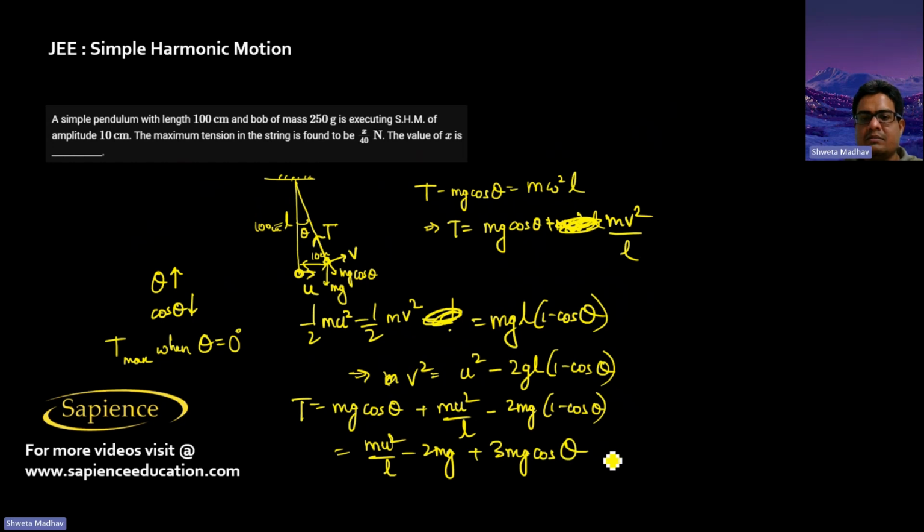Then the maximum tension will be m u square by L minus 2 mg plus 3 mg.